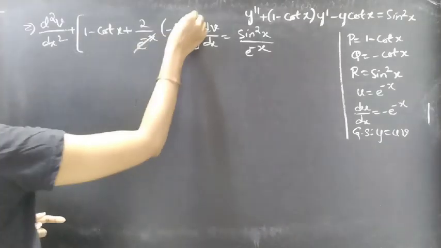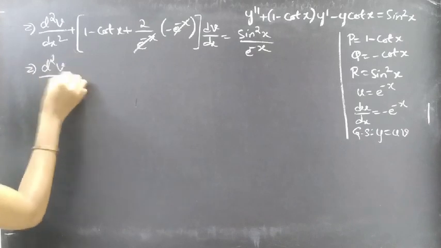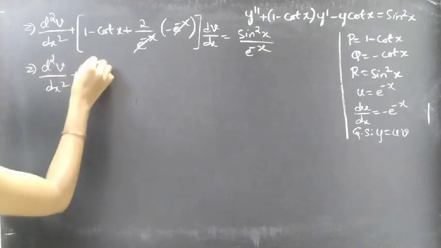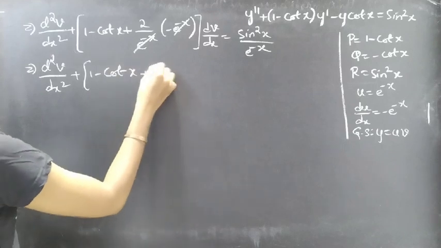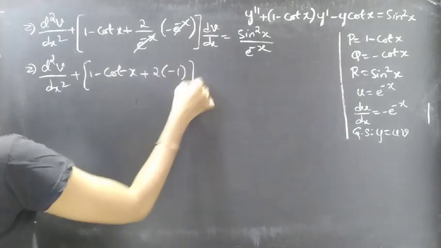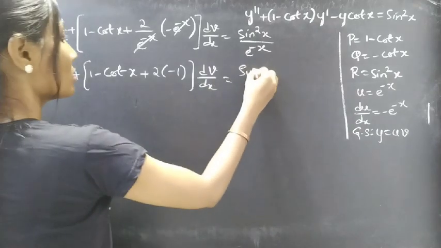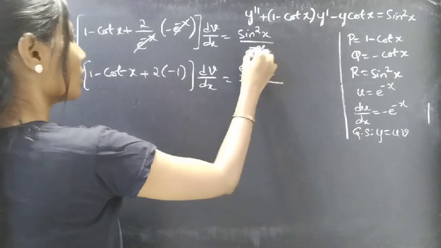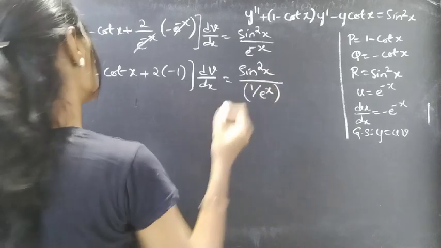Here e^(-x) gets cancelled and we'll get d²v/dx² + (1 - cot x + 2 × (-1)) dv/dx = sin²x / e^(-x). I'll write e^(-x) as 1/e^x for my convenience.